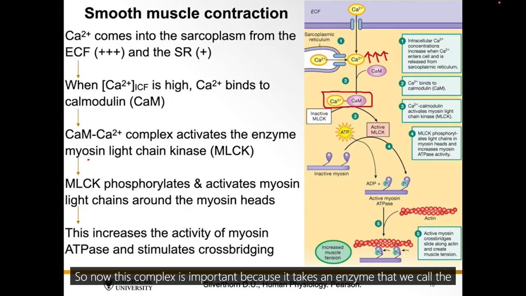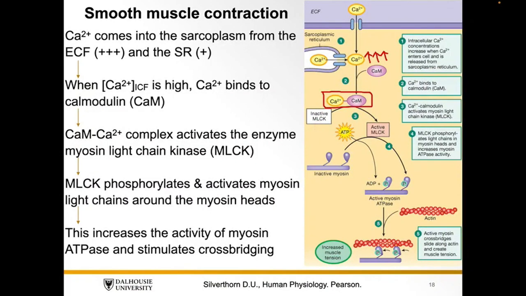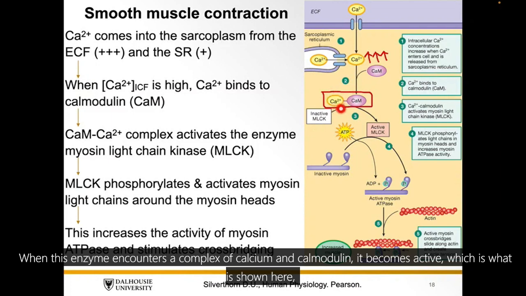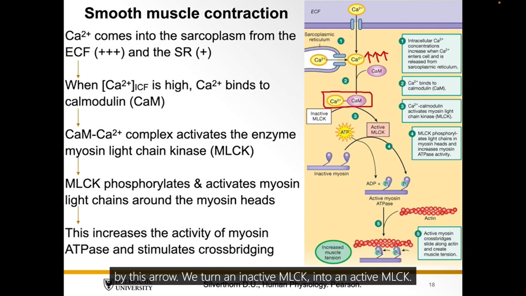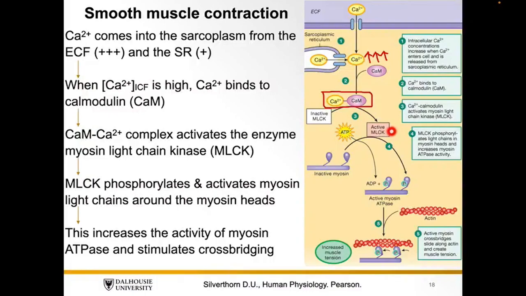Now this complex is important because it takes an enzyme that we call the myosin light chain kinase, or MLCK, from an inactive form to an active form. So here we have the inactive myosin light chain kinase, or MLCK. When this enzyme encounters the complex of calcium and calmodulin, it becomes active, which is what is shown here by this arrow. We turn an inactive MLCK into an active MLCK.